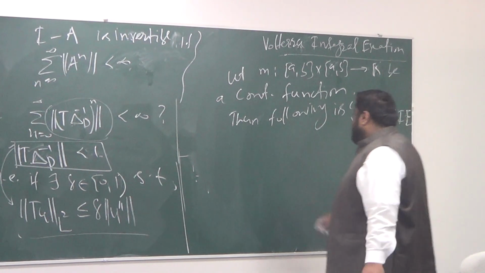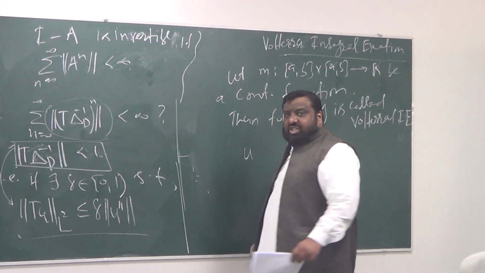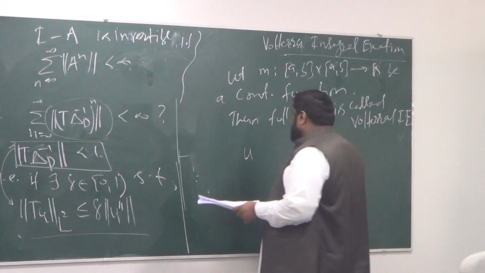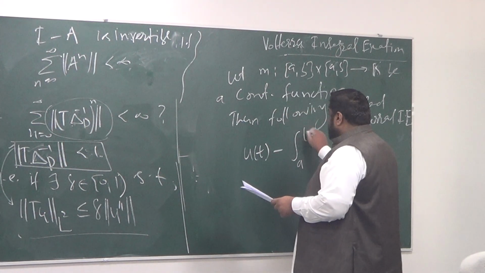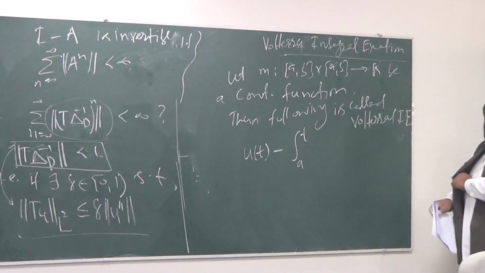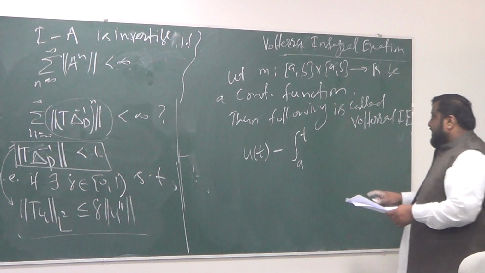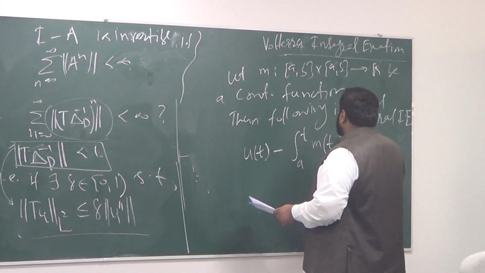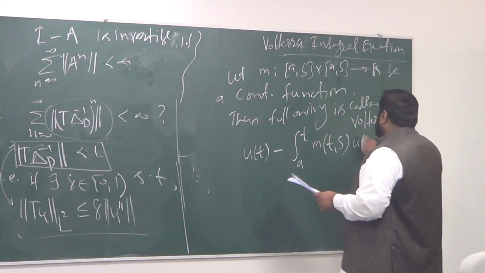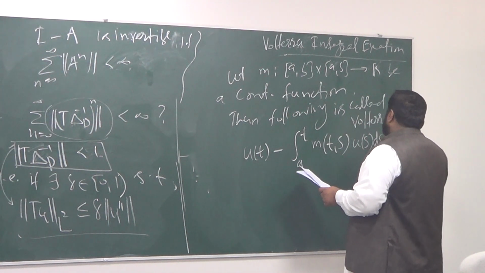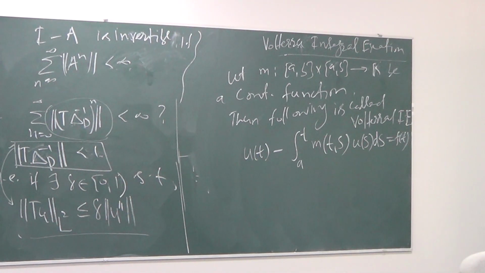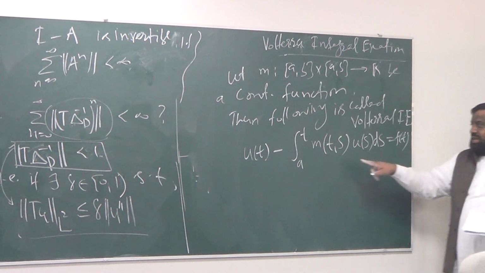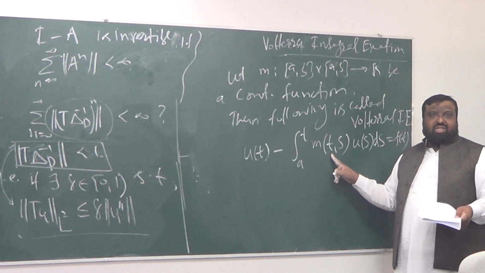I'm interested in u. It looks like this: u of t minus the integral from a to t, where t is some instant in the interval a to b, of M of t,s times u of s ds, equal to f of t. So f is known to me, M is known to me, and the question is, what is u?